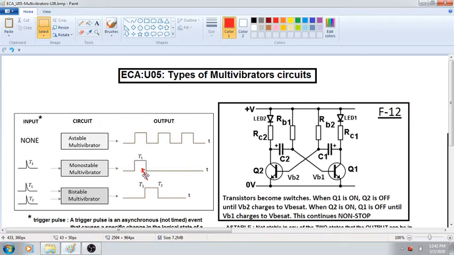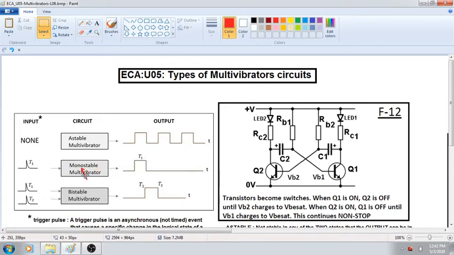See how funny it is. So when a trigger pulse is given, the monostable multivibrator, which likes to be in this state, is forced to go to the other state, and it will be there only for a fixed duration, and after the duration is completed, it will come back to its stable state. Now this is what is called a monostable.